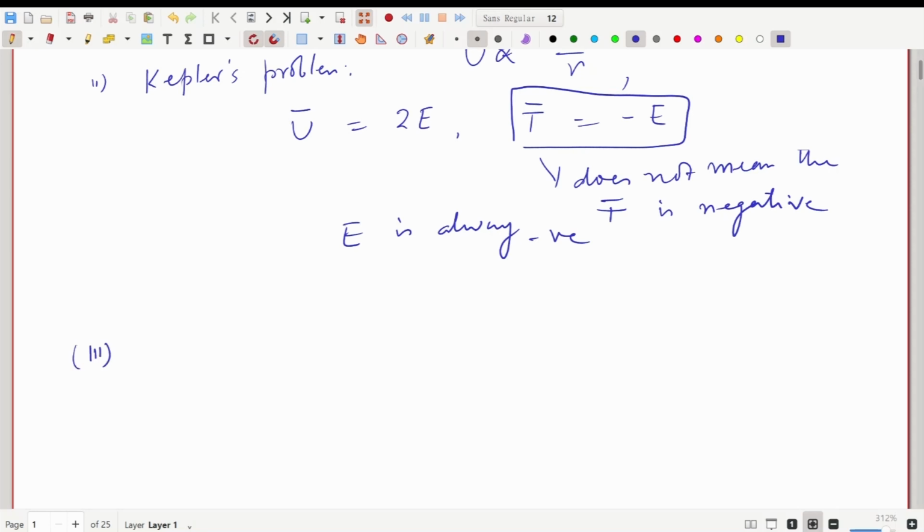Next, we consider another example. Suppose you have a potential U proportional to alpha by r squared, that is k equals minus 2. Now, what will happen in this case? We were discussing this towards the end and could not finish. You can see clearly that the average potential energy and kinetic energy terms have a factor of k plus 2 in the denominator.